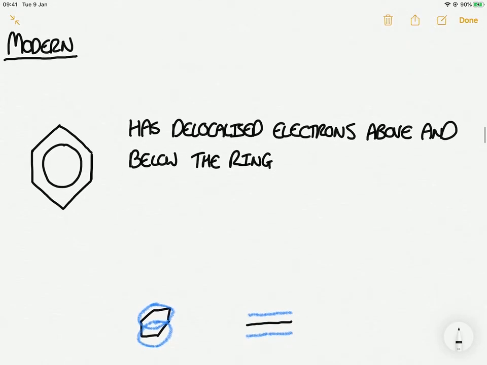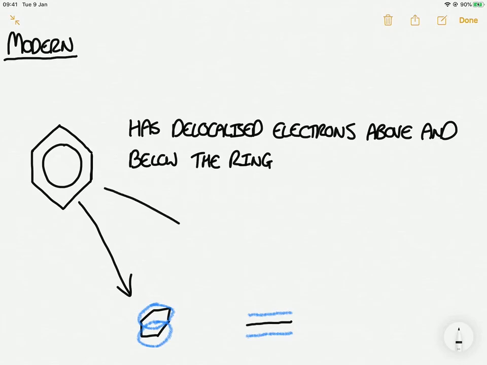But benzene, if you view it from the side, is actually a planar molecule. So let's take the structure here, and if you rotate it slightly, what we're basically saying is you will see electron density above, that's what the first blue ring represents, and below, that's what the second one represents.